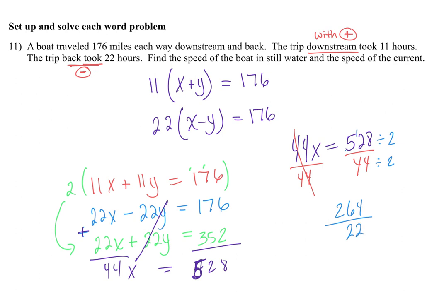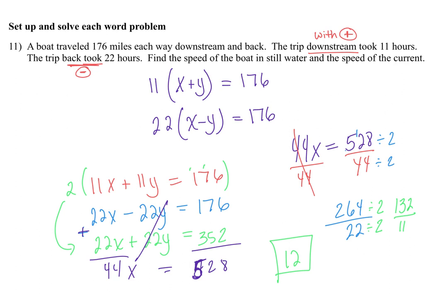What do you think goes into both of those? 2 goes into it again, right? So I have 132 divided by 11. That's actually perfectly divisible. That's one of your multiplication tables when you memorized 1 through 12. 11 times 12, so that's going to be 12.